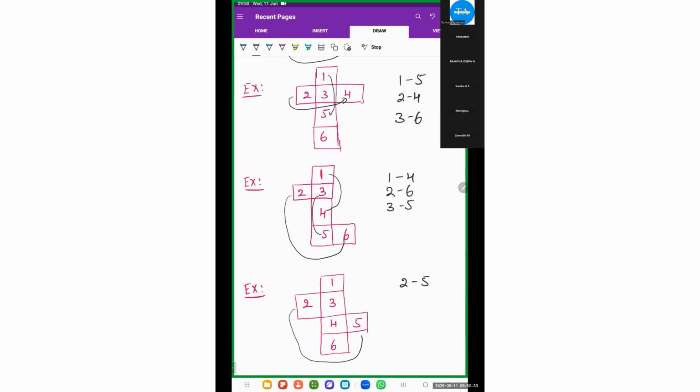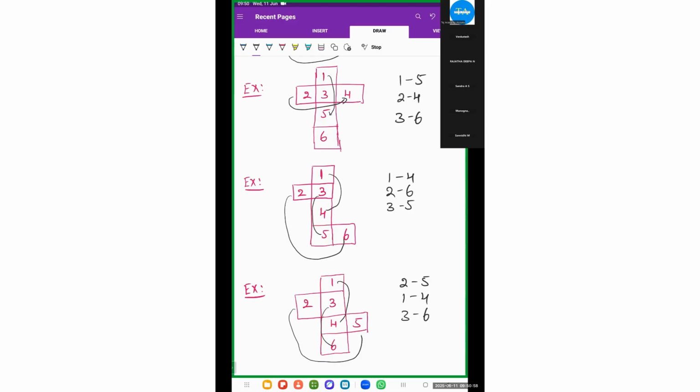Then one opposite is 4. Then 3 opposite is 6. Clear? So, does anyone have any doubt from the dice point of view? No, sir. Okay.